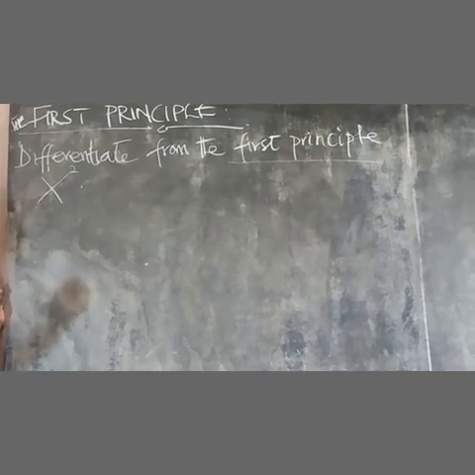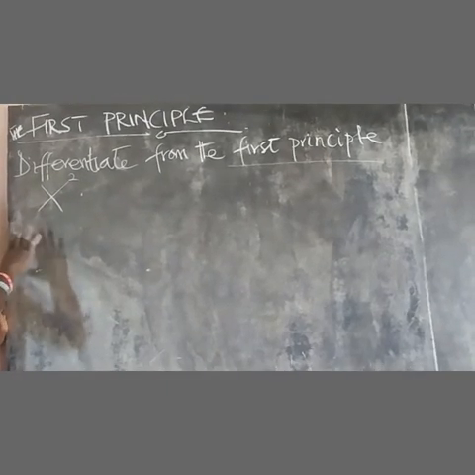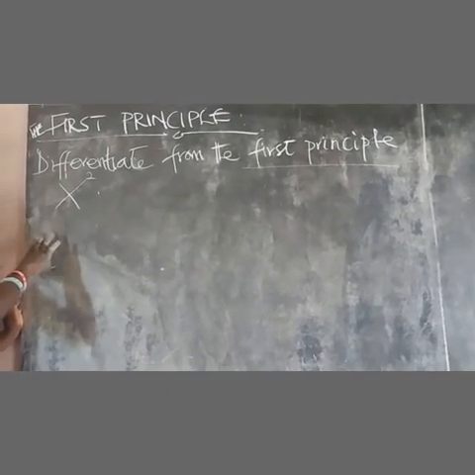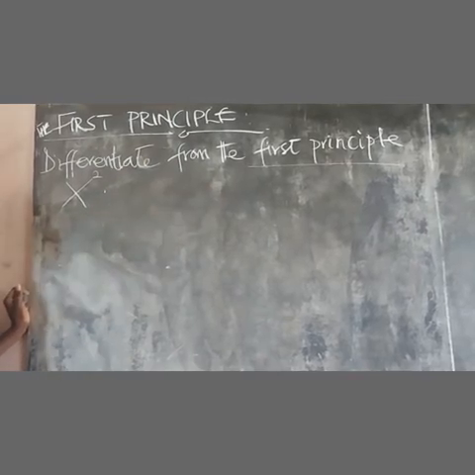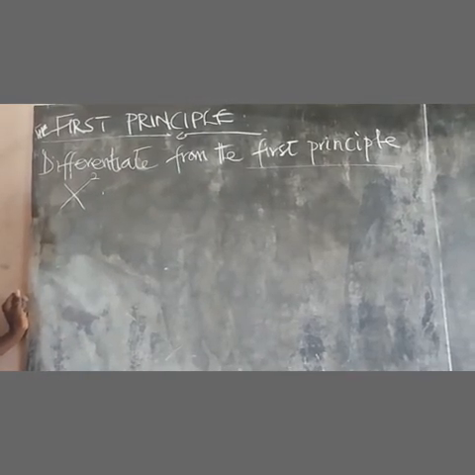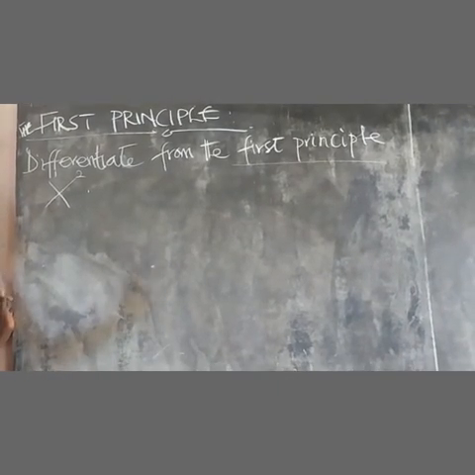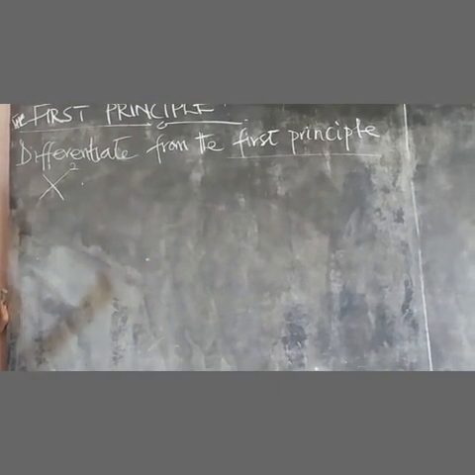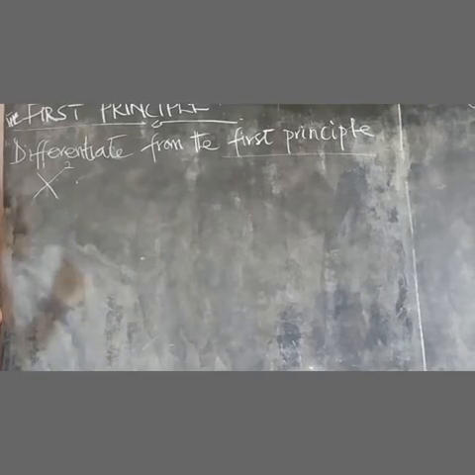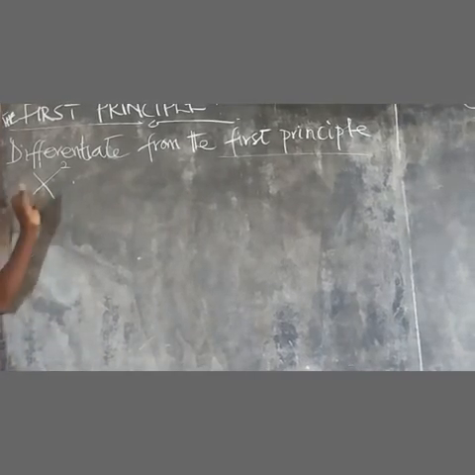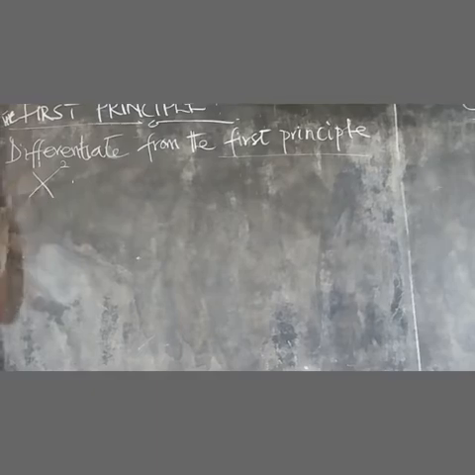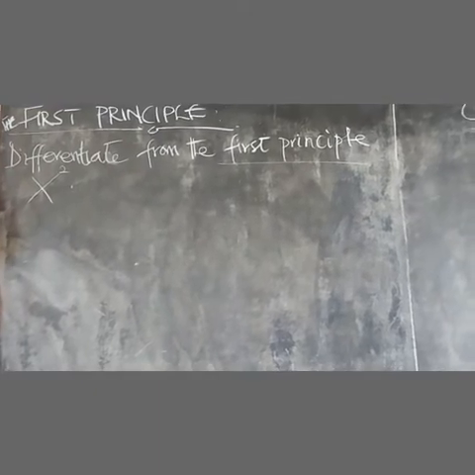So please, if you want to get the correct marks for this question, then let's use the first principle. And what is the first principle? It says that the limit as h approaches 0 of f of x plus h minus f of x divided by h will give you the gradient of the line passing through this term or equation.